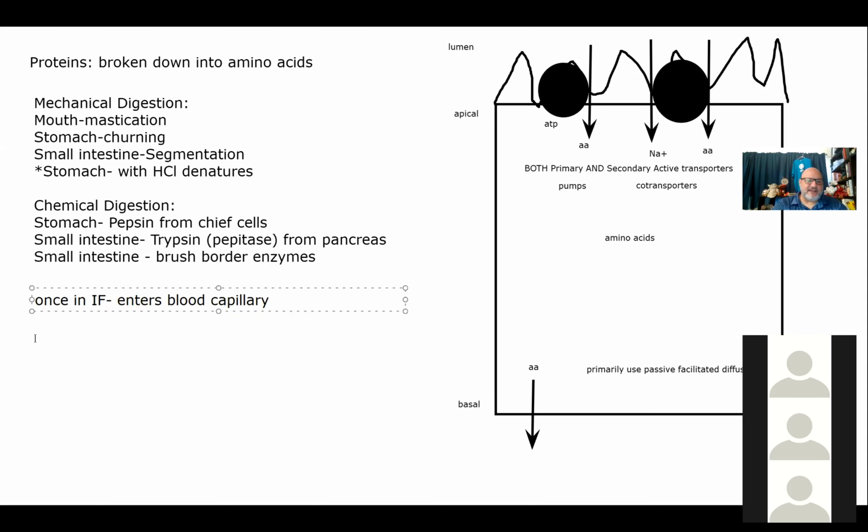And once it's in that blood capillary, we talked about the pathway last time, so it should be even easier to do this time. So from that blood capillary, what does it feed into? Intestinal vein. Which feeds into? Superior mesenteric vein. Excellent.